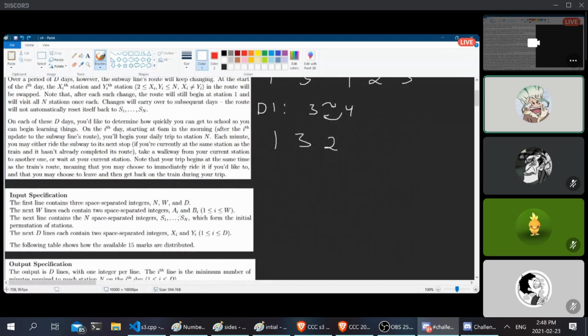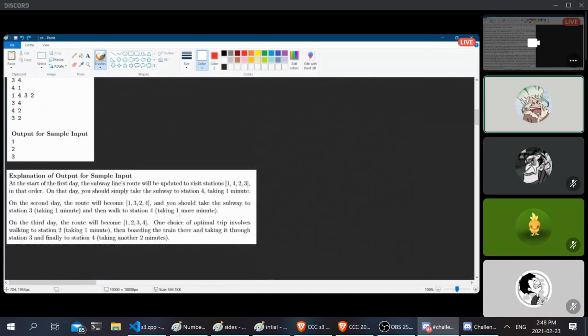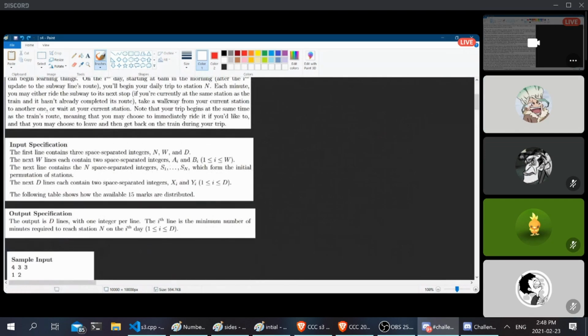So let's take a look at the input. The first line contains 3 space-separated integers, which is n, w, and d. So n is the number of stations, w is the number of walkways, and d is the number of days. The next w lines, we get 2 integers a and b, which are just the from station and the to station for each walkway.